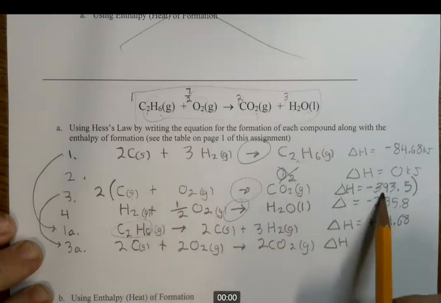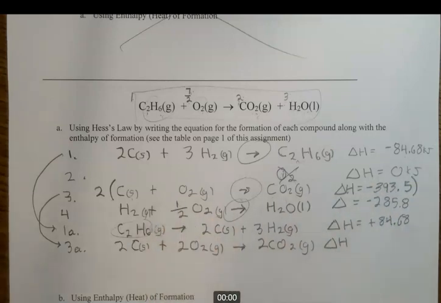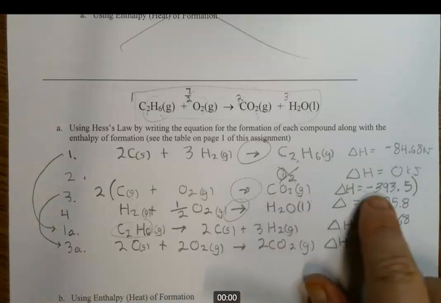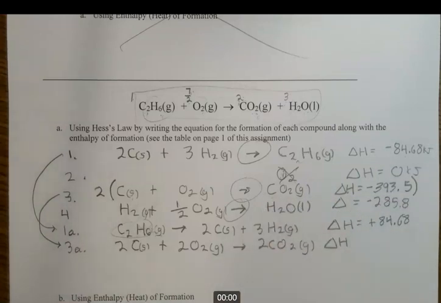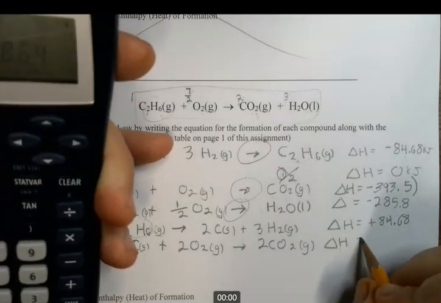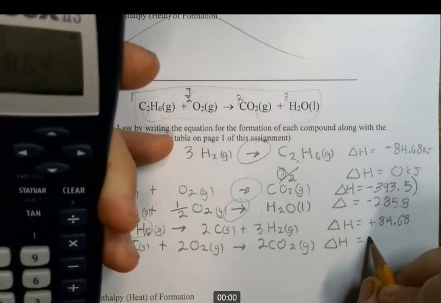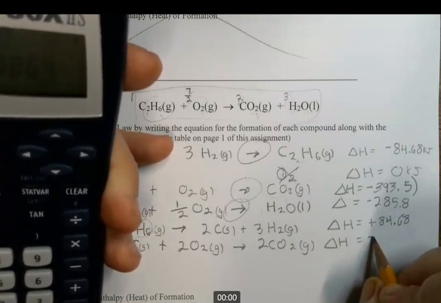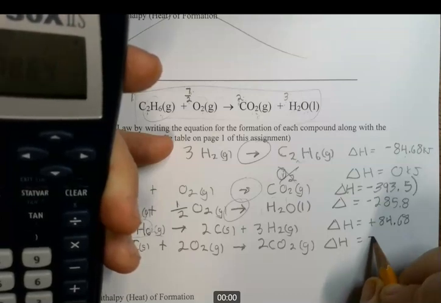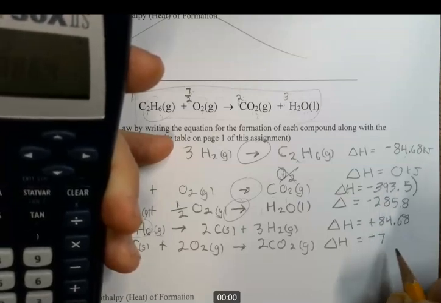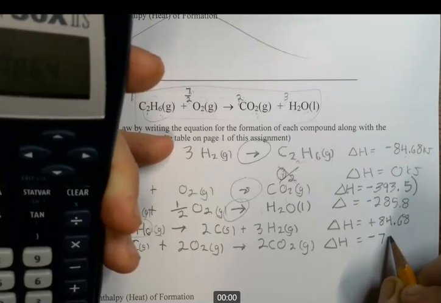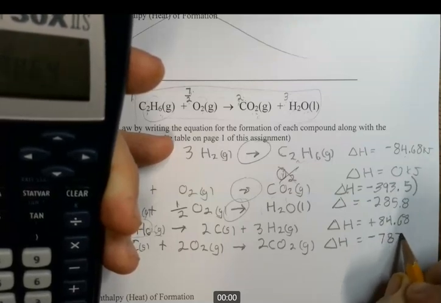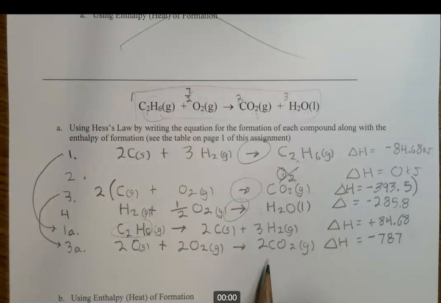We're going to have to multiply the negative 393.5 by 2, because we're multiplying everything by 2. And that gives us negative 786, or let's just call it negative 787. Actually, it should have been negative 787. I don't know how I got that answer. Oh, I punched in the wrong number. Anyway, it is 787. Okay, so that takes care of that.